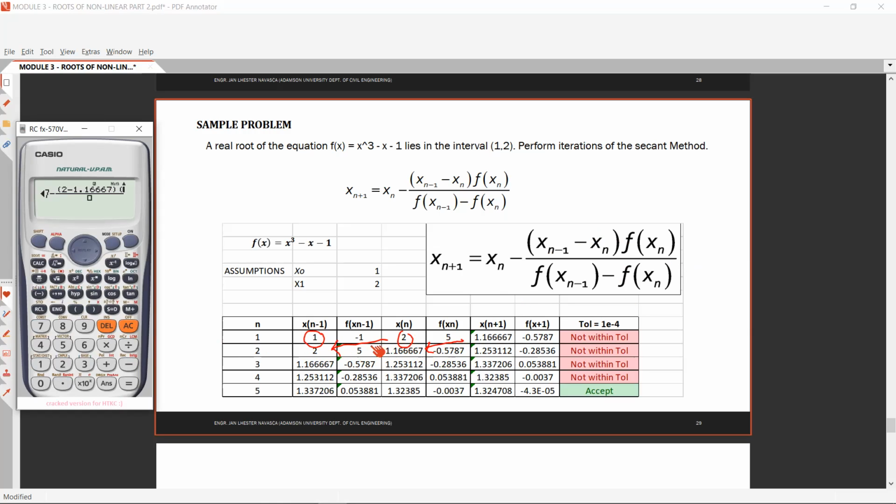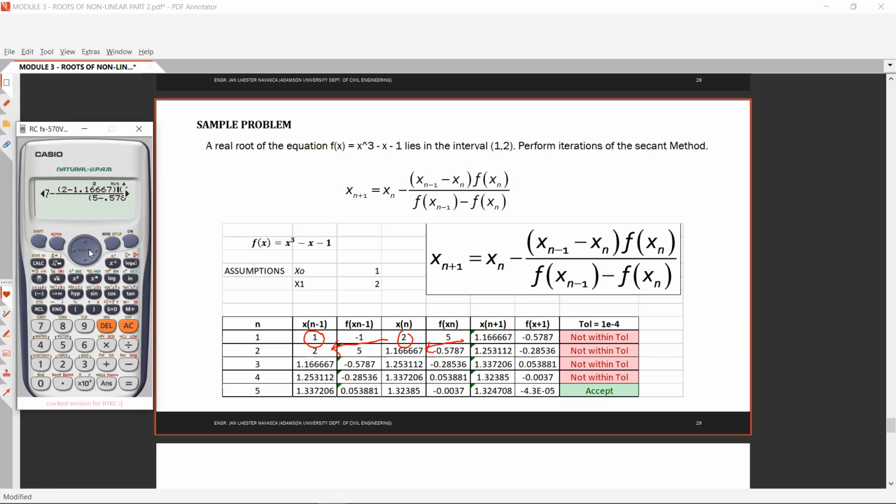Your f of x sub n, you have 0.5787. Okay, negative 0.5787. Okay. All over the x sub n minus 1 minus f of x sub n. X minus 1, 5. Minus yung f of x sub n, you have 0.5787. Okay.